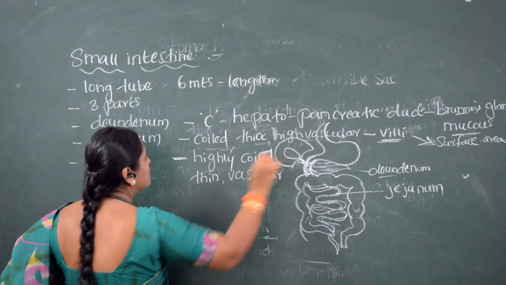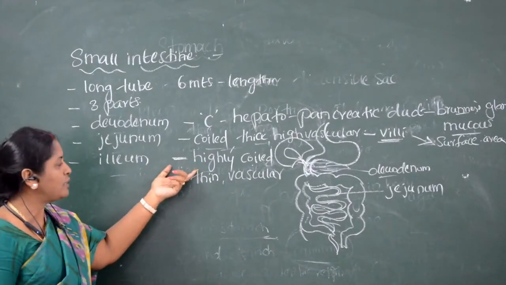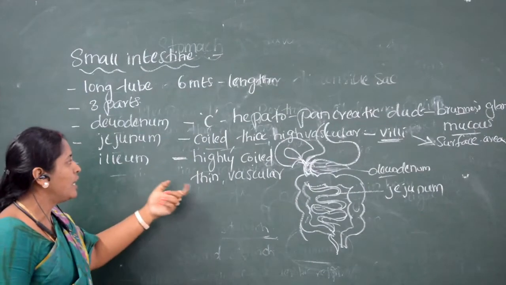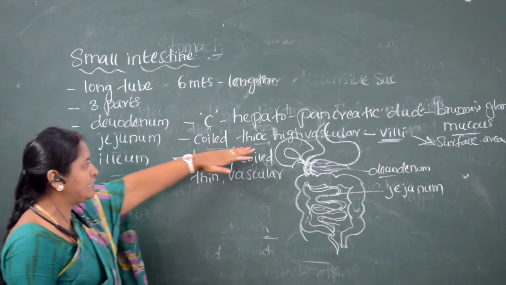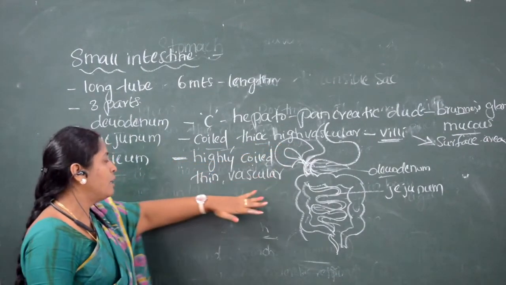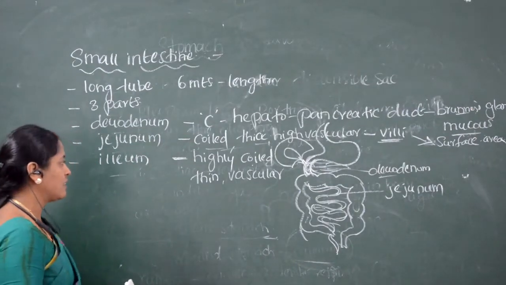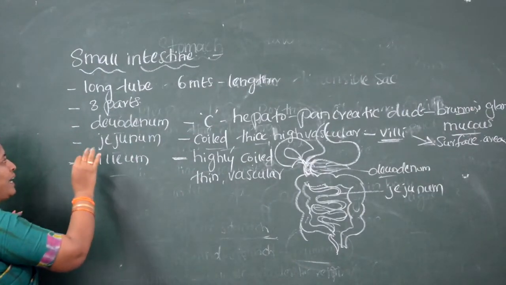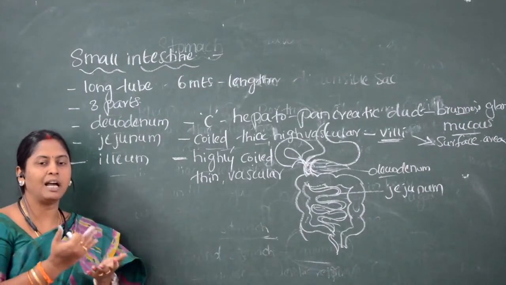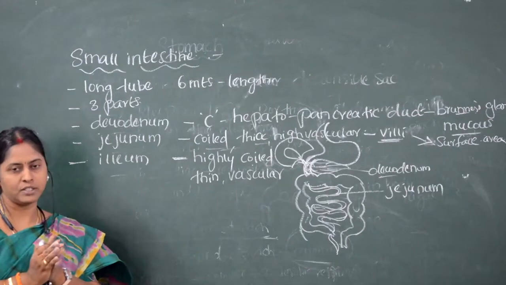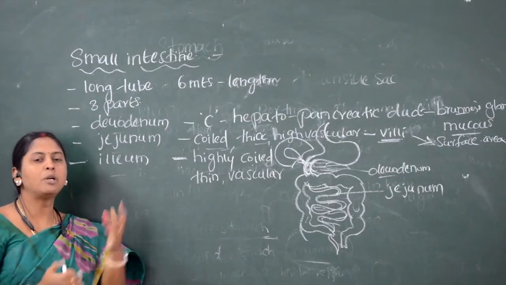The jejunum is coiled, thick, and highly vascular, while the ileum is thin and less vascular. The main function of the small intestine is that complete digestion occurs there, and the digested food materials are also absorbed by the small intestine.